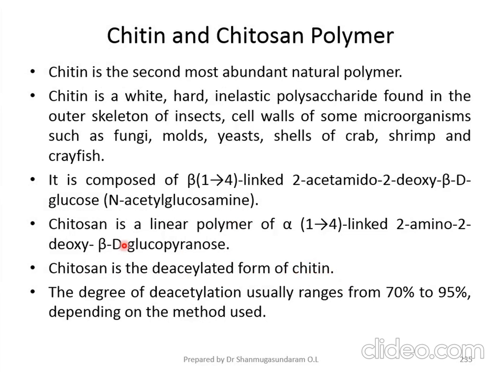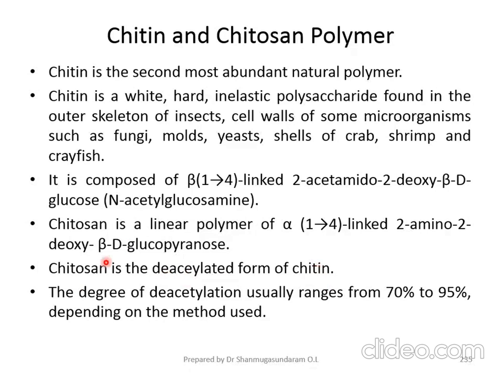Ultimately what you are getting is this chitosan polymer. It is nothing but the deacetylated form of chitin. Deacetylated means acetyl groups are removed from chitin polymer.